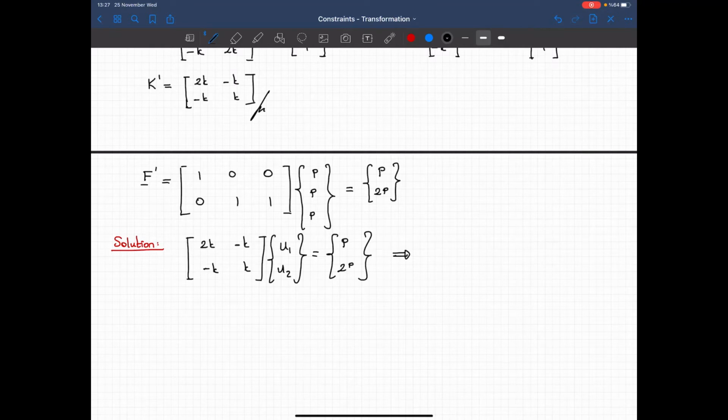And the results are as follows. U1 will be equal to 3P over K, and U2 is equal to 5P over K. And that's the result. Let's check if this makes sense, right?